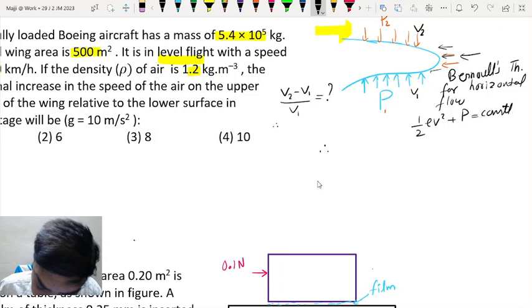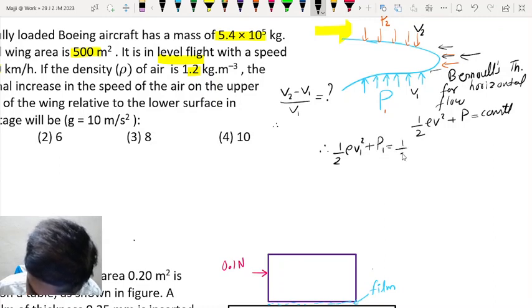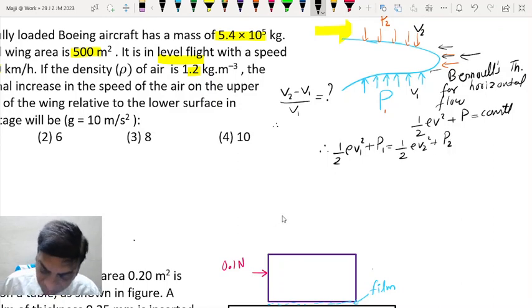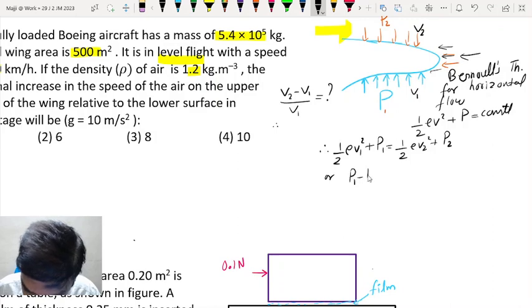So for these two sections, up and down, we can write half rho v1 square plus p1 is equal to half rho v2 square plus p2, or we can write p1 minus p2 is equal to half rho into v2 square minus v1 square.